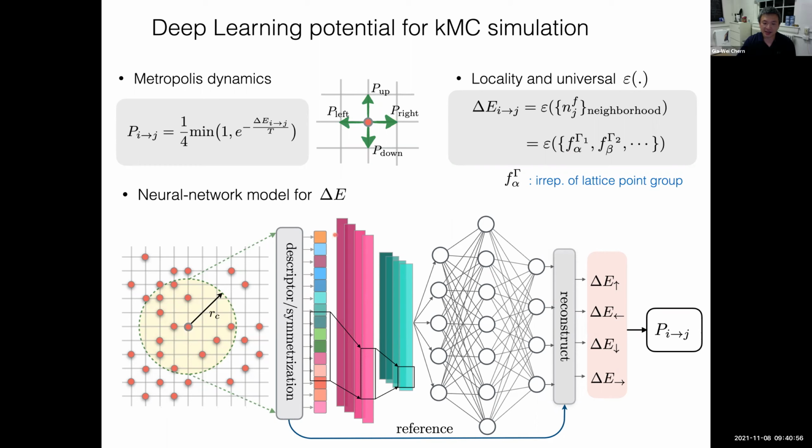And in this case, we include some convolutional neural network at the beginning. I mean, after the descriptor and before the fully connected neural network. That's mainly because here the F electron occupation is 0 and 1, so it's a discrete variable. And CNN usually is very good at extracting major features from this kind of discretized input.